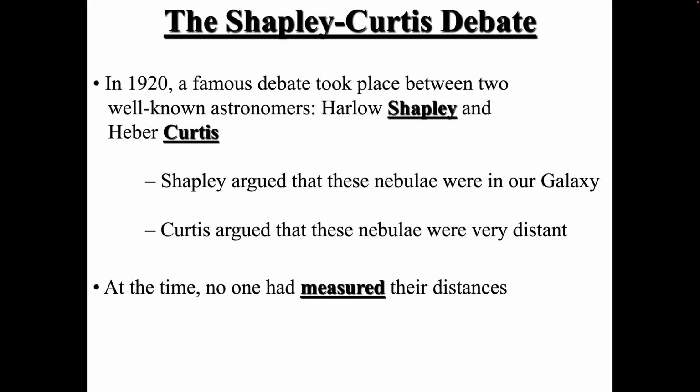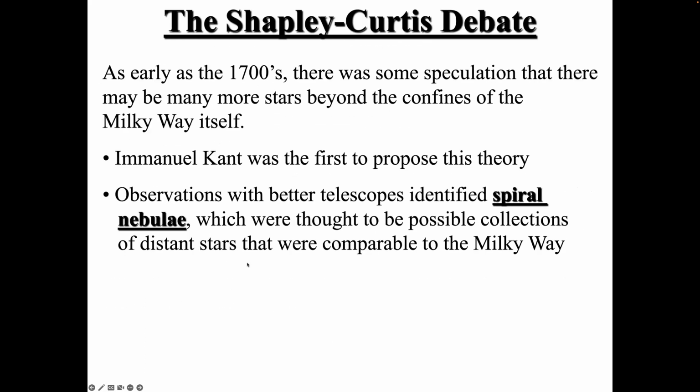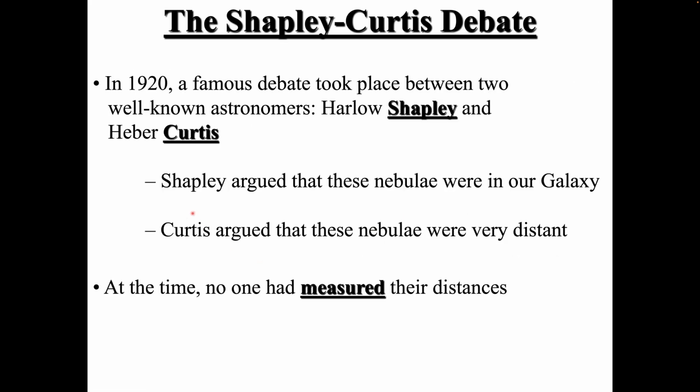Shapley argued that these nebulae were in our galaxy. So what they had seen through the telescope, as I explained, is the spiral nebula. Shapley thought that this is in our galaxy. There is no other nebula or galaxy outside. So that was his argument.